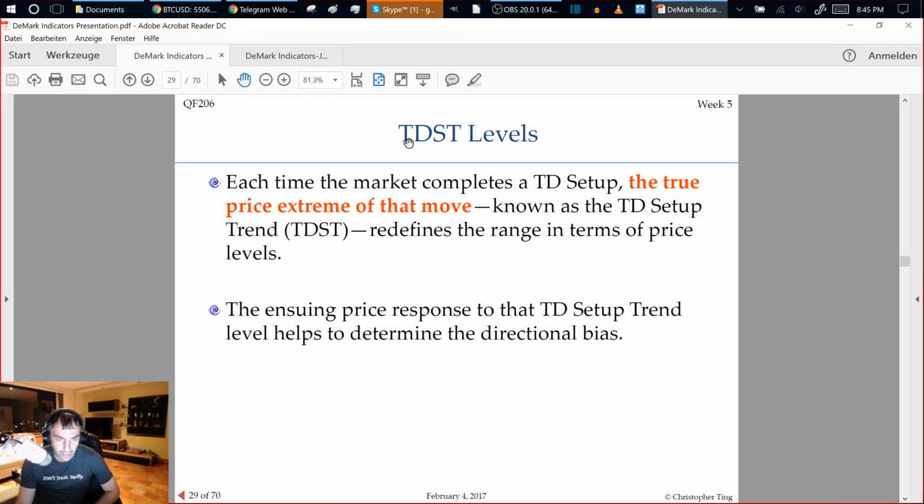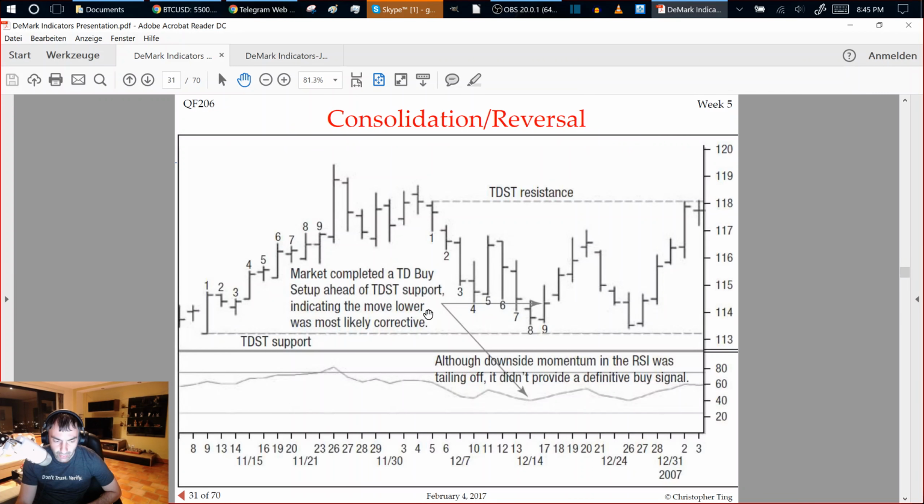The TDST, okay? Each time a market completes a TD setup, the true price extreme of that move is known as the TD setup trend. So if you look at this, you see this move to the 9 on the upside?